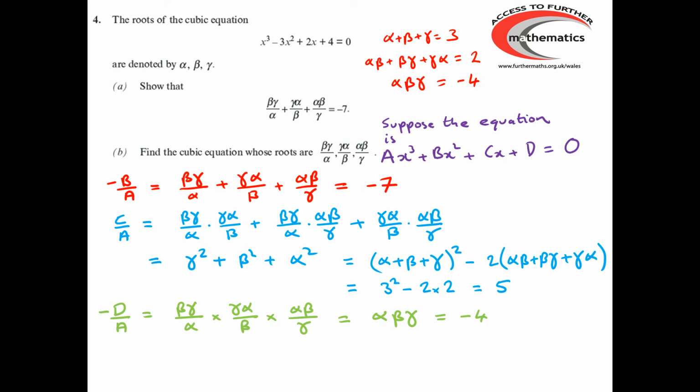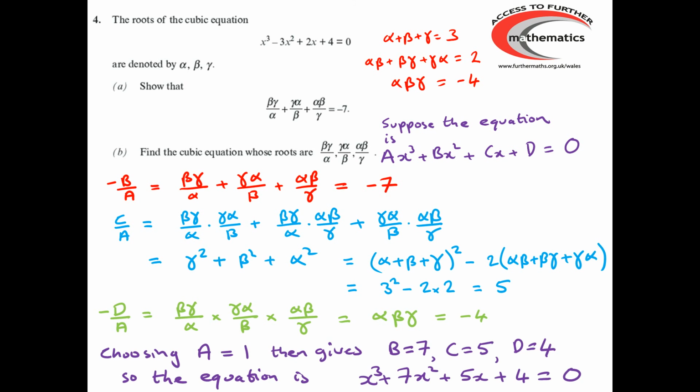So if we put a equals 1, then b must be 7, c must be 5, and d must be 4. So the equation that we're looking for is x cubed plus 7x squared plus 5x plus 4 equals 0.